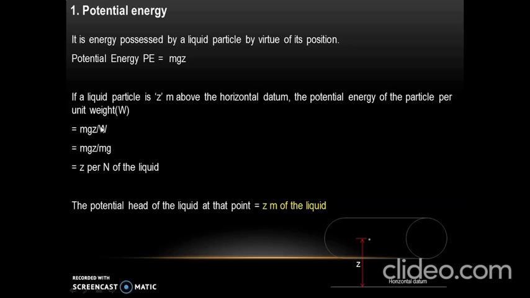So mgz divided by W, where weight is nothing but m into g, that is mass into acceleration due to gravity. So we will get it as z per Newton of the liquid. And if we want to find out what is potential head of the liquid at this point, then it will be z meter of the liquid.